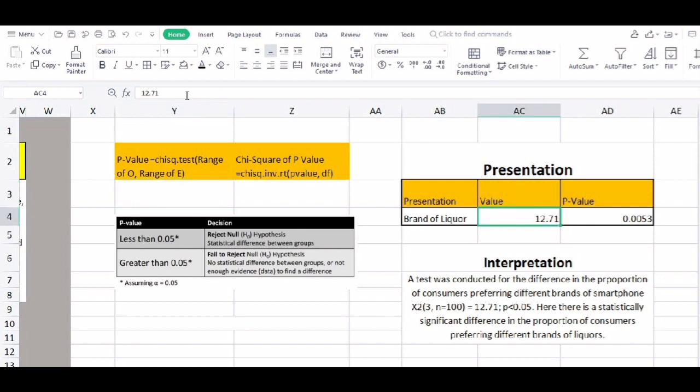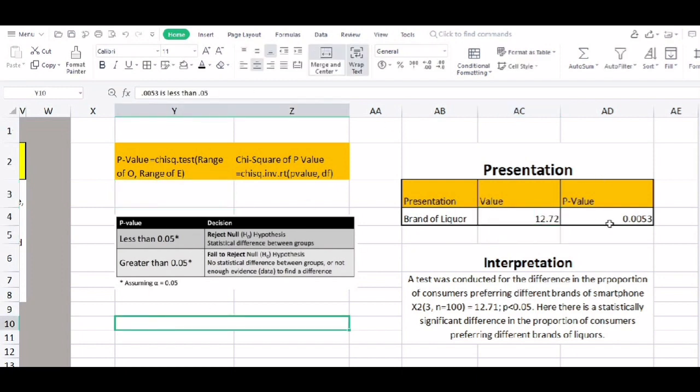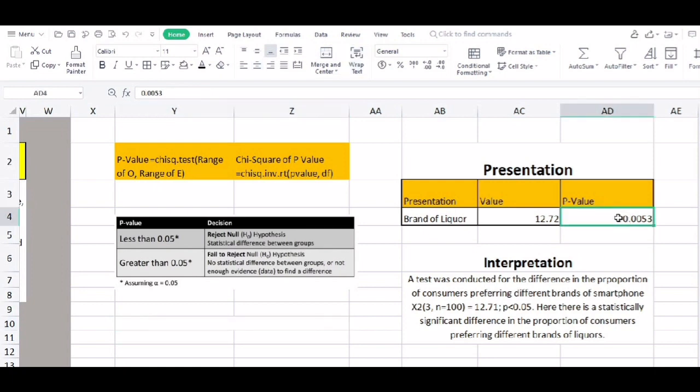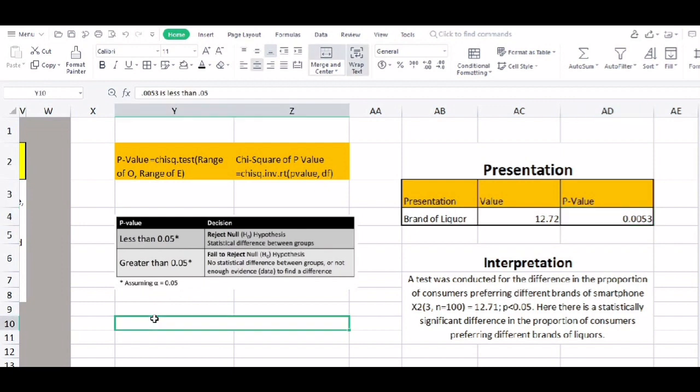So that's it. So in presentation, just going to include the brand liquor, the value, the p-value, and the chi-square p-value. So 0.0053 is less than 5%, so we're going to reject null hypothesis.